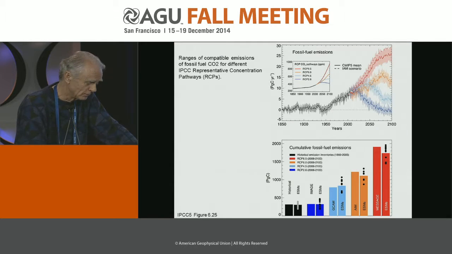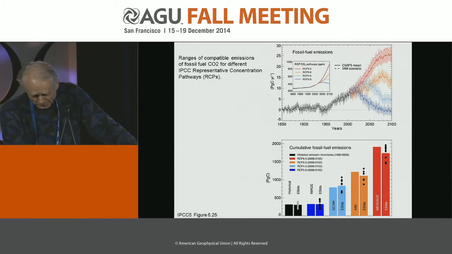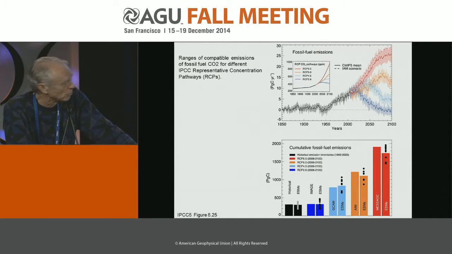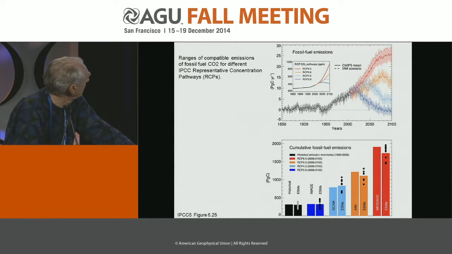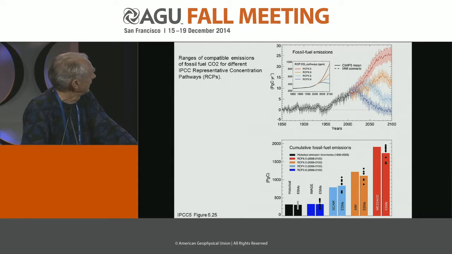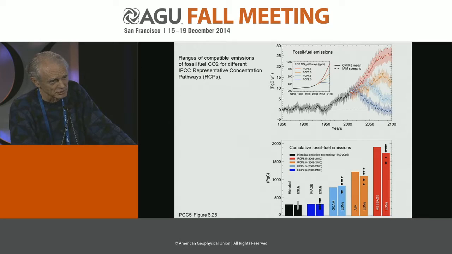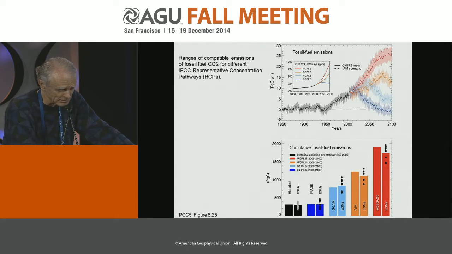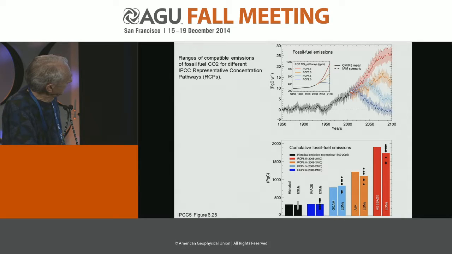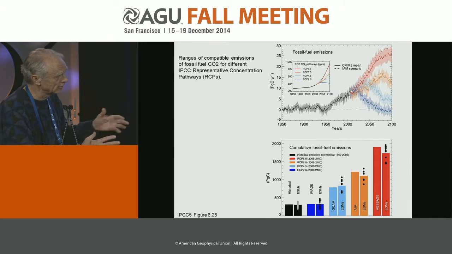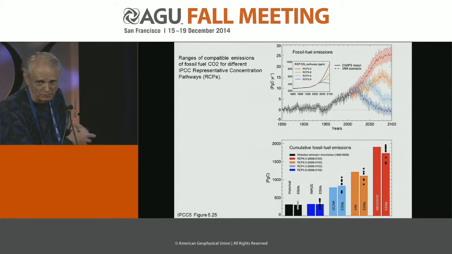Now something else. This is also apparent in the IPCC report, even though it's not so clear, at least in my opinion. What you see here is CO2 according to the 4 representative concentration pathways as the IPCC has defined them. What you see here is the amount of fossil fuel CO2 that we can emit as a function of time, taking all the climate and carbon feedbacks that we have modeled into account.